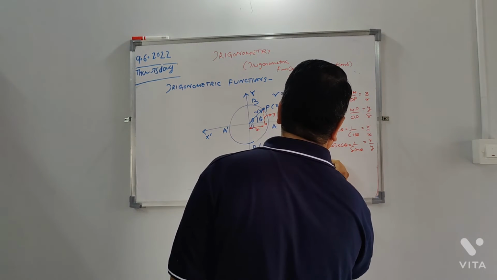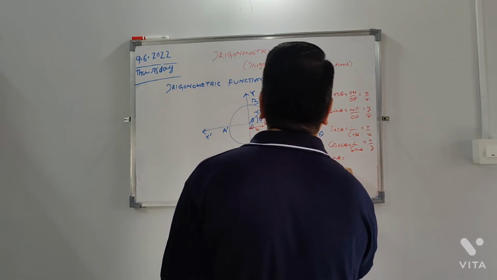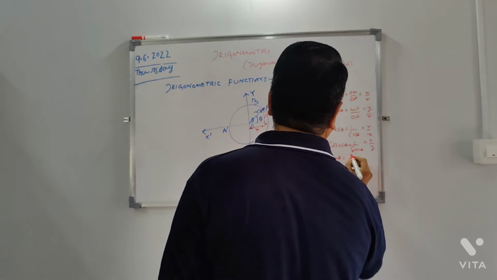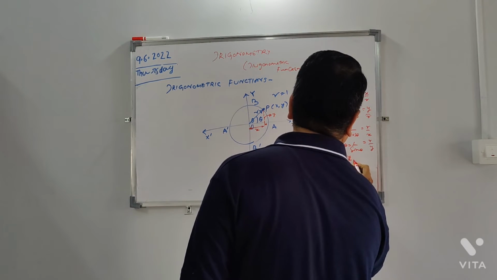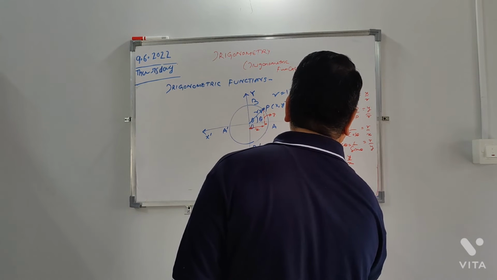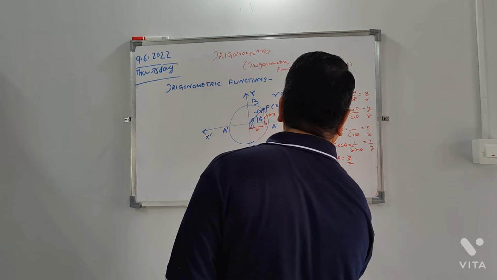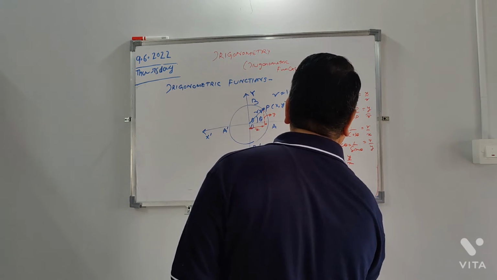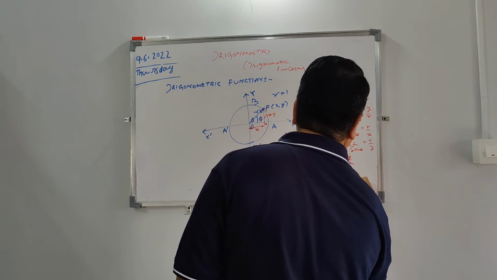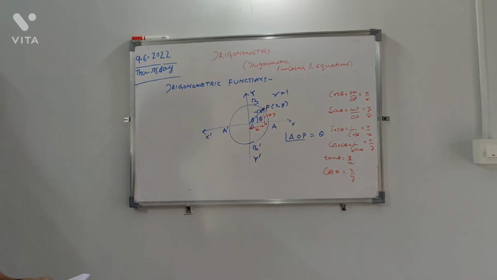Similarly, your tan theta is equal to y by x, and cot theta is equal to x by y. So these are the different trigonometric functions.